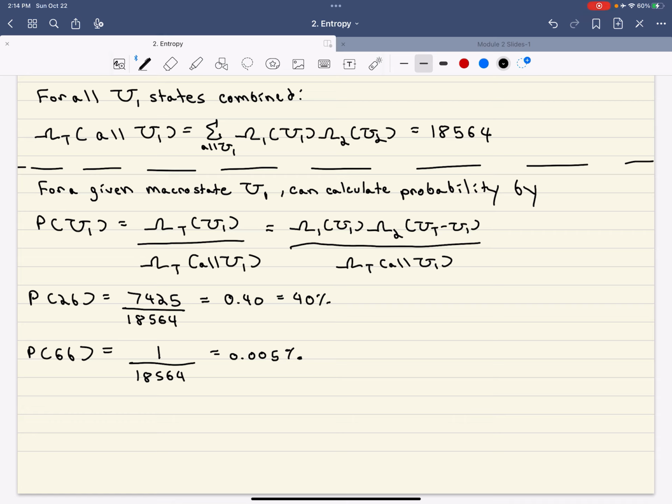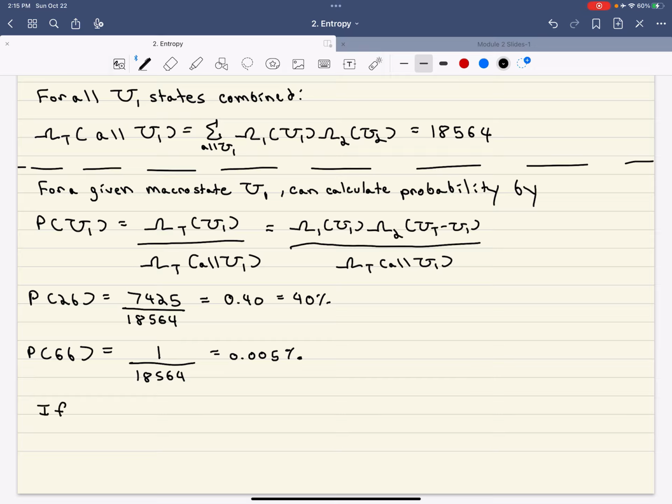All right, and so this is how one would calculate the probabilities for a given U1 value over all of the possible U1 values. So this is how you would do it for the discrete case.